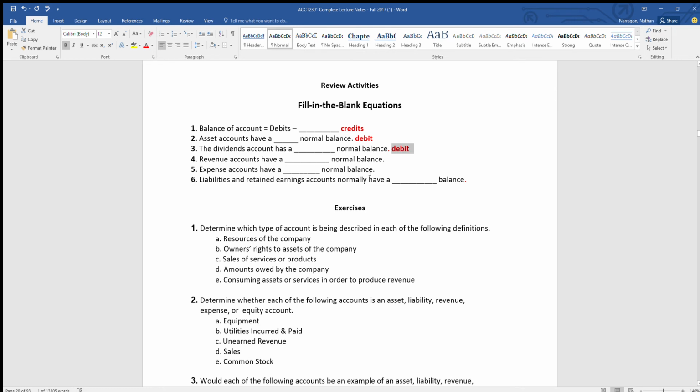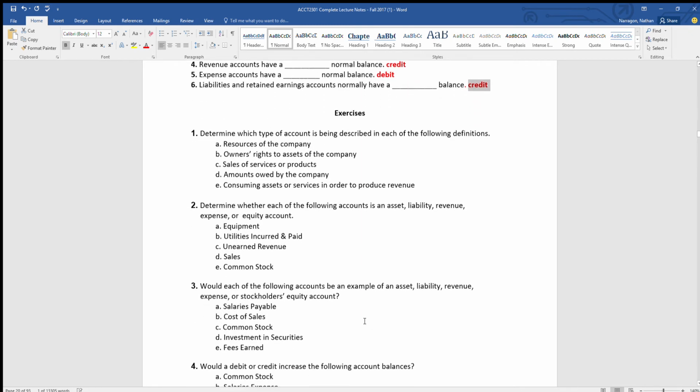Dividends are debits, revenues are credits, expenses are debits, and liabilities and retained earnings accounts normally have a credit balance. So those are the easy ones right here.